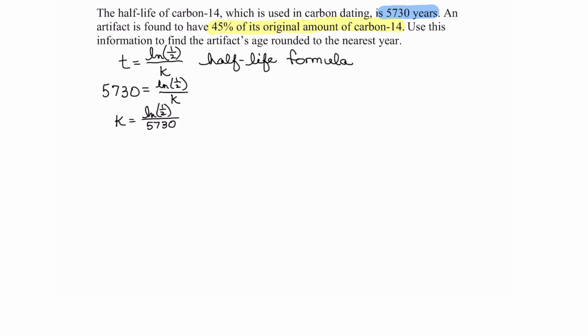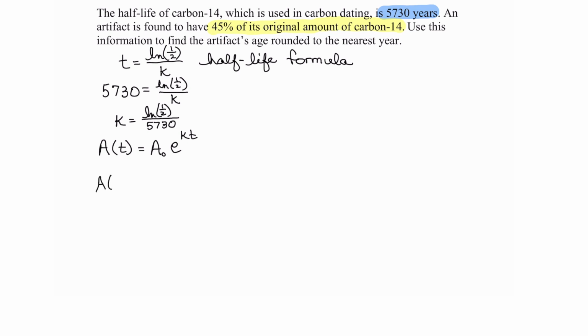So next up we want to remember our continuous decay formula, which is A of t is equal to A sub 0 times e to the kt, but we have just found in the previous line that k is the natural log of 1/2 divided by 5,730.